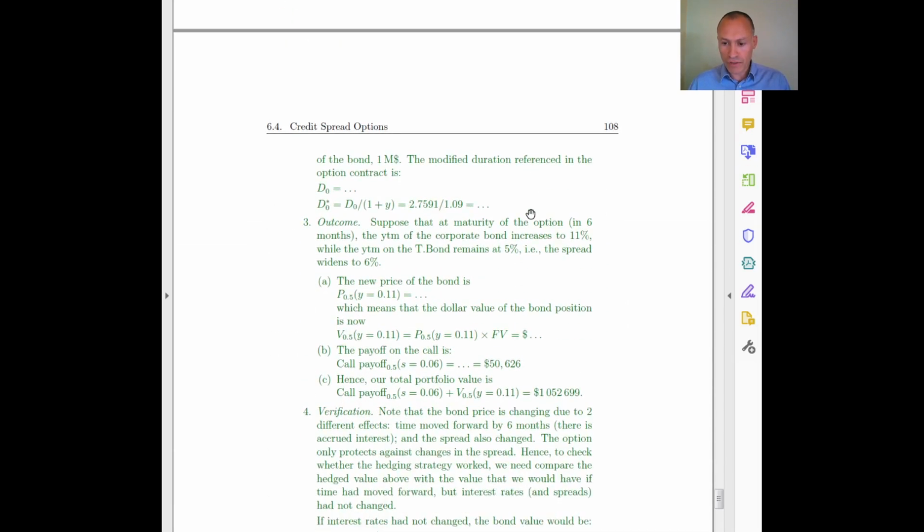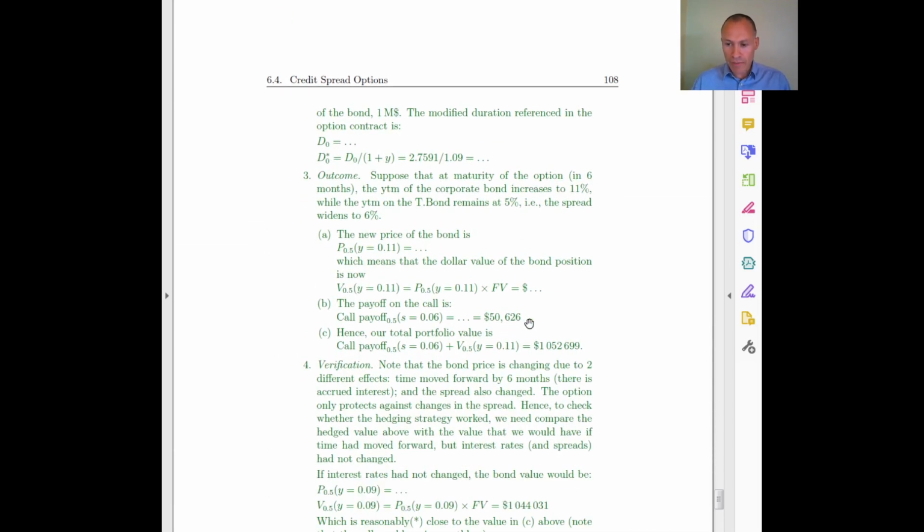So doing those calculations, we will get a positive amount of $50,626, right? So the total amount of money that I have at this moment is going to be the payoff from the call and the value of the portfolio. So if I add up the two numbers, this is my total value today, right?